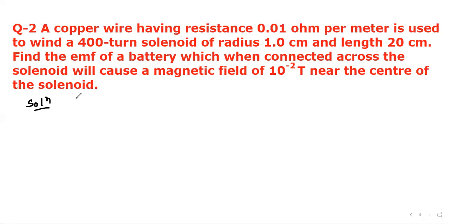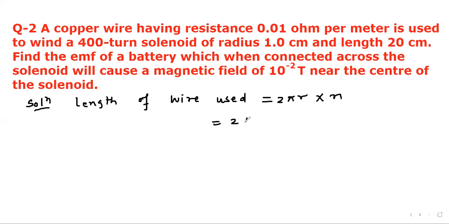Length of wire used equals 2 pi r times number of turns. So the number of turns is n. Here we put the values: 2 pi into radius. The radius is given as 1 cm, meaning 10 to the power minus 2 meter, times number of turns 400. So this is the length.